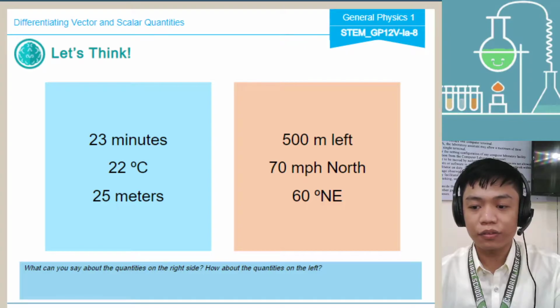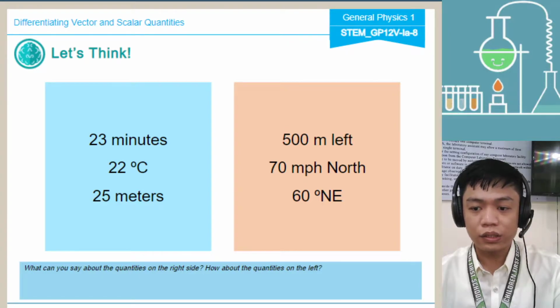What is the difference between this illustration? How about the quantities on the left? How do you differentiate the quantities on the right?